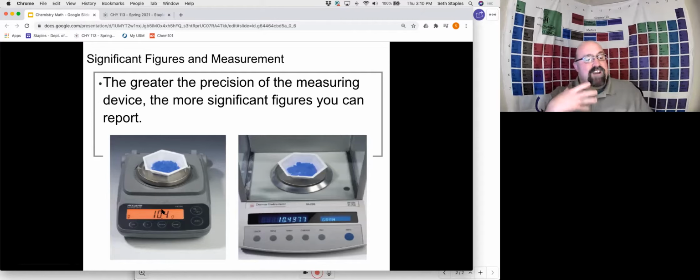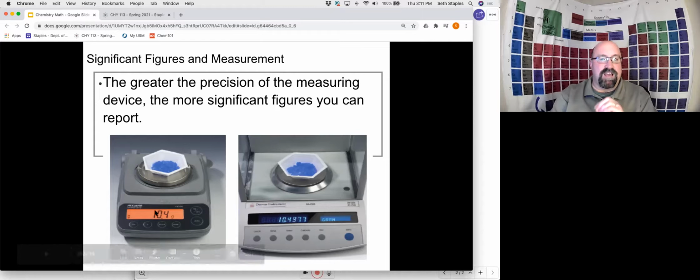Because if we're working with some sort of calculation, maybe of density, our final density calculation, our final grams per milliliter, can only be represented as accurately as our least accurate measuring device. And so we have to take what we call these significant figures into account.